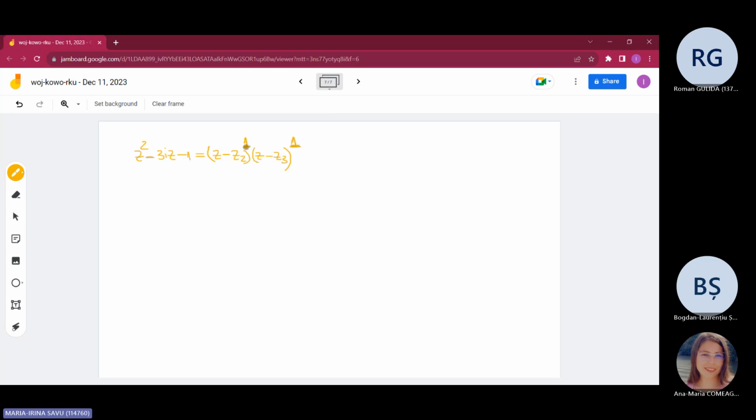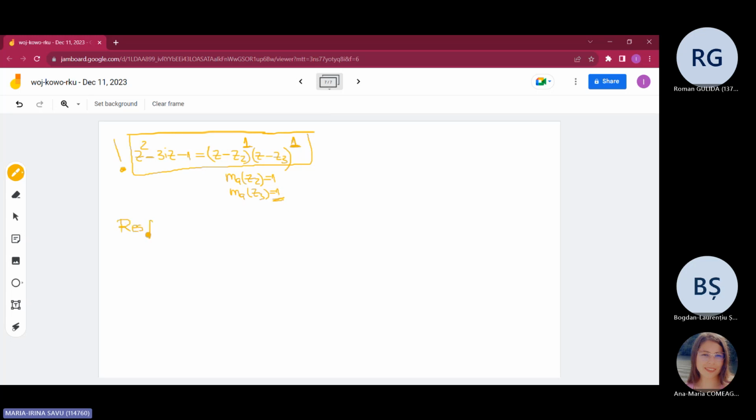Okay, so you have that the algebraic multiplicity of z2 is 1 and the algebraic multiplicity of z3 is 1, and this is why the order of z3 is 1. Z3 is also a pole of order 1, but the idea is that z2 is not in delta, so we won't use z2, just z3. But this decomposition is very, very important because you cannot compute the residue in z3 if you don't write this expression in this way.